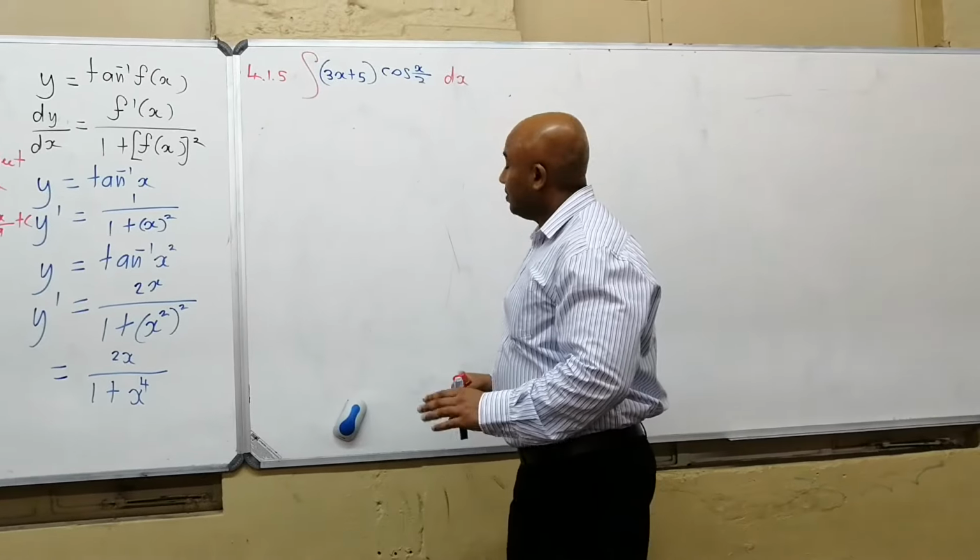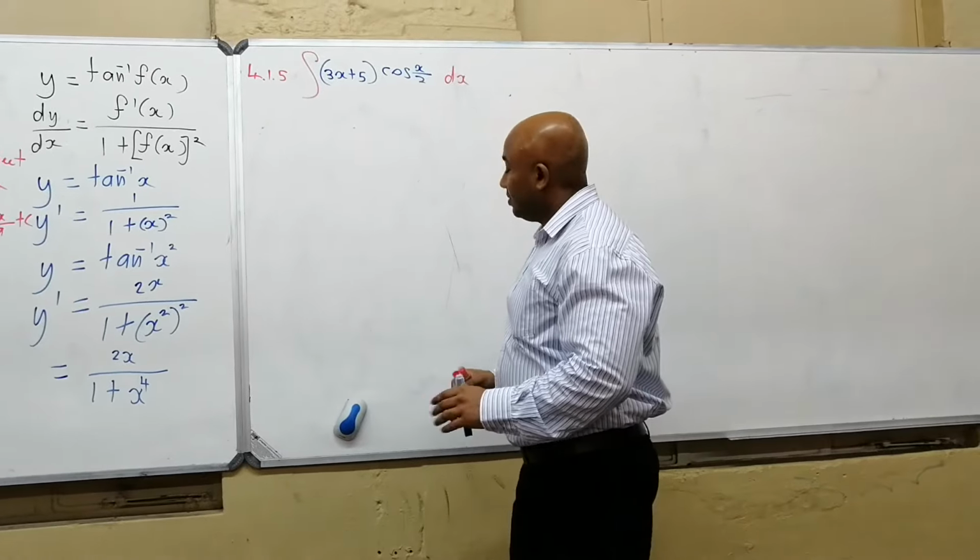Okay, so what is this? This is integration by parts. So let's write down the formula. The formula is f of x, g of x minus the integral of g of x times f prime x dx. So what is my f of x?